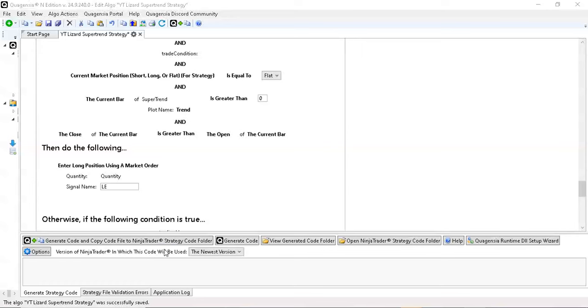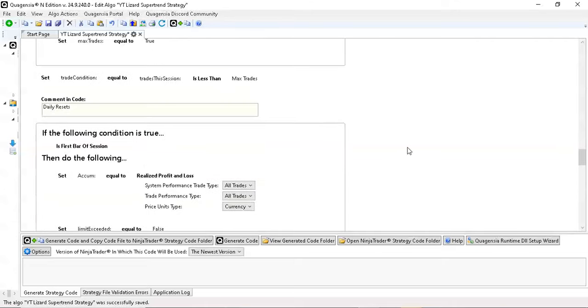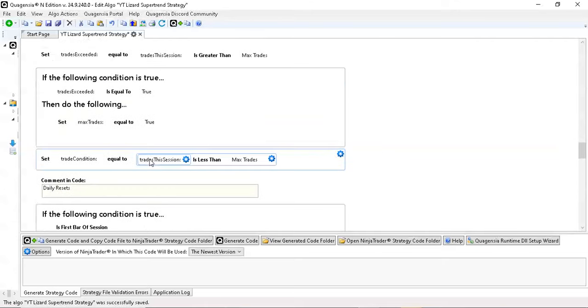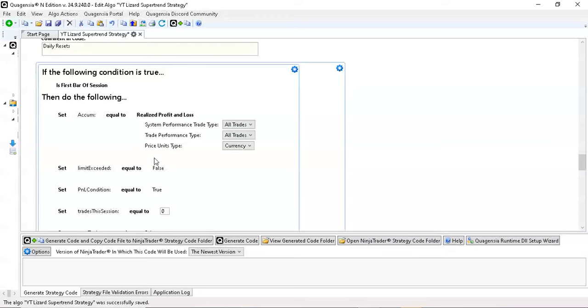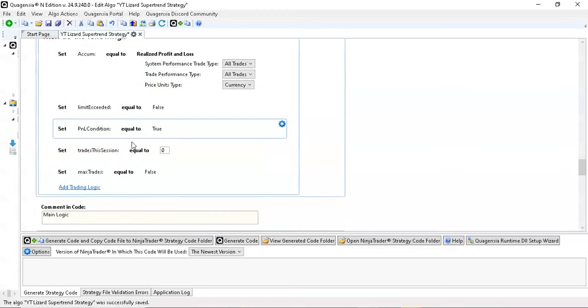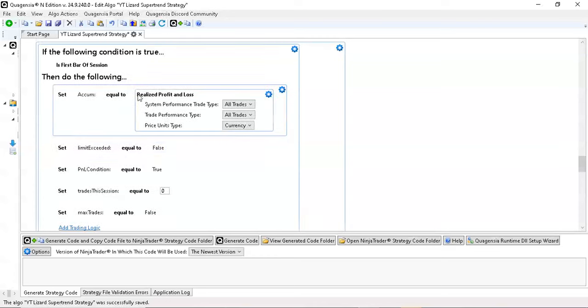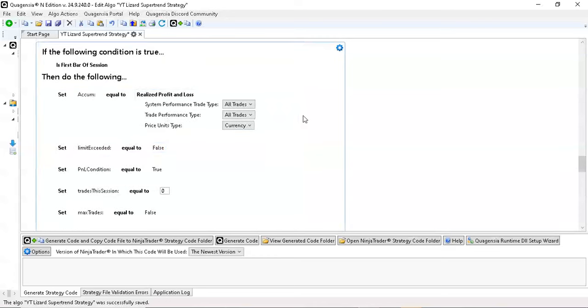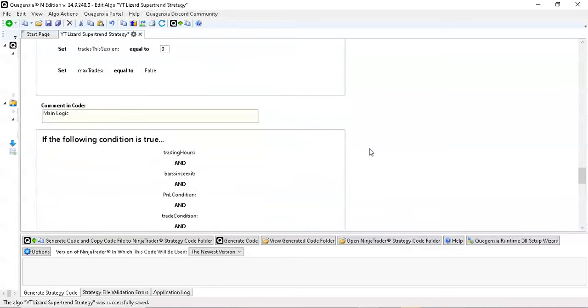All right, this is where we set the trades this session variable so it can count the trades. This is the reason why we also set it to reset on the first bar of the session so it doesn't carry over the count and stop the trading.